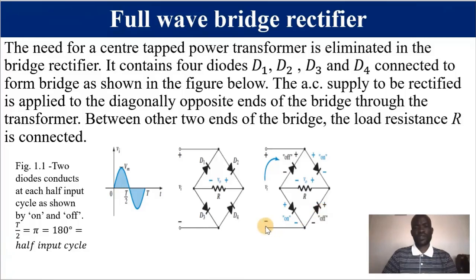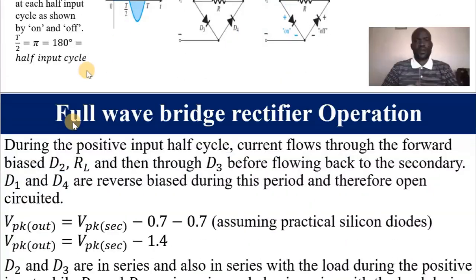This is how the current is going to flow in this direction, and back to the secondary of the transformer. Please take note that this is the polarity across the load resistor, positive and negative, and current flows through the load resistor in the same direction, hence it is DC voltage.